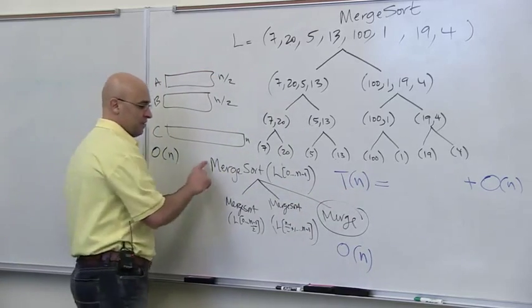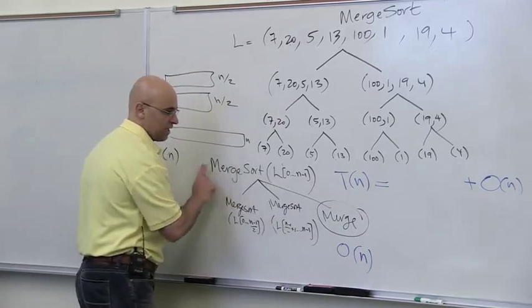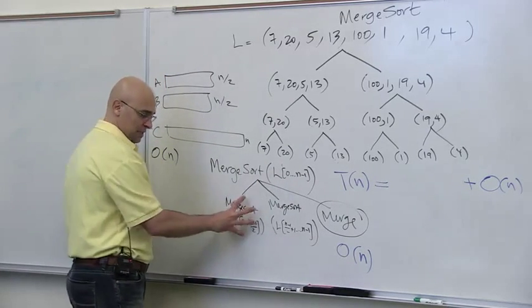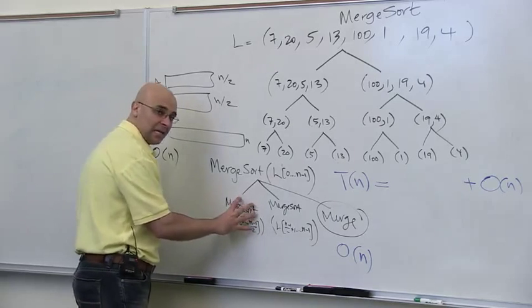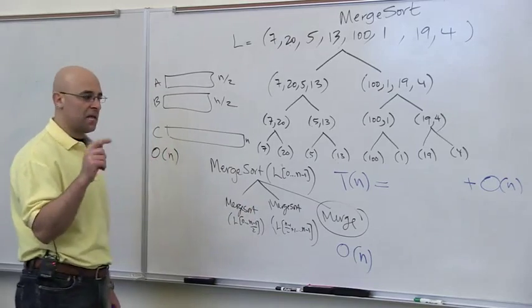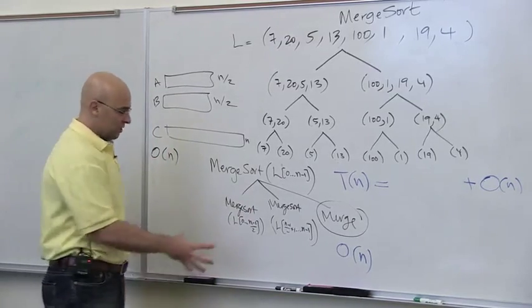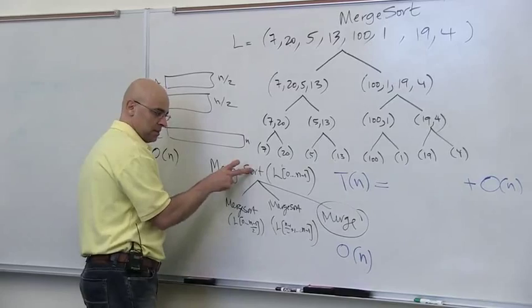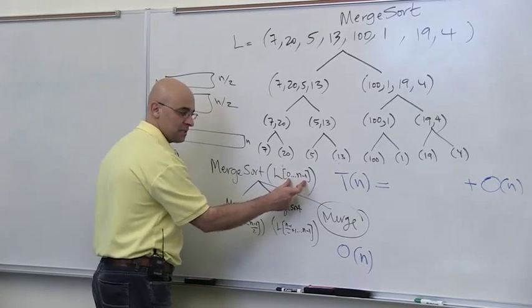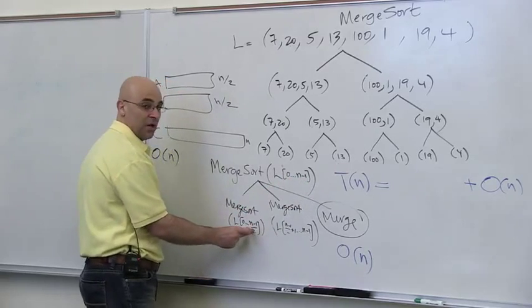Now, if this is T of n, it takes T of n to do merge sort of a list of size n. This is the same function, exactly the same function, not modified at all, but applied to a list that is half the original size. So this is the same function like this, but applied to a different instance of the problem. This was applied to the big list. This is applied to half.